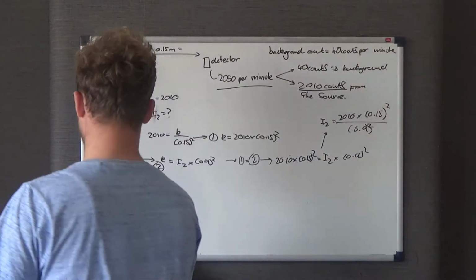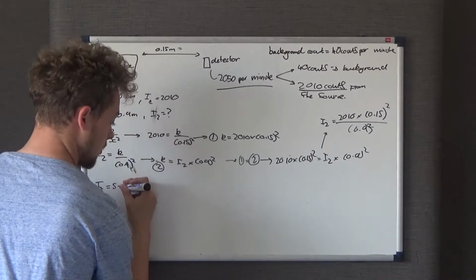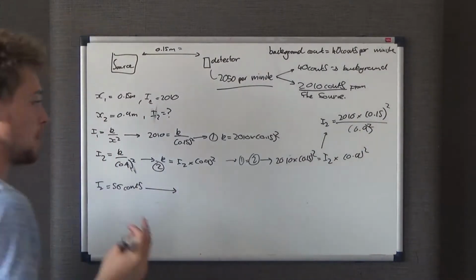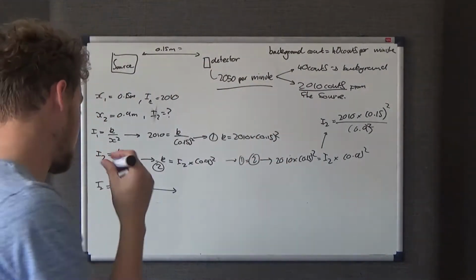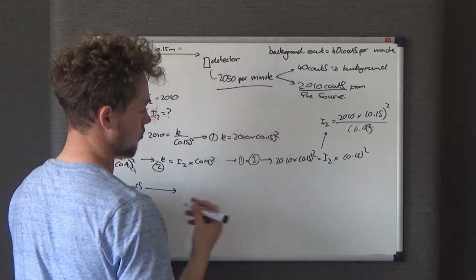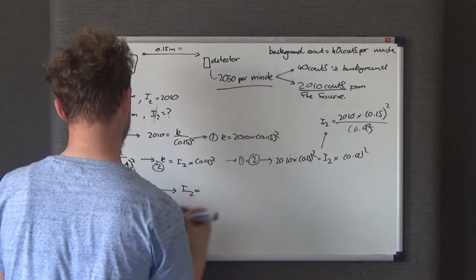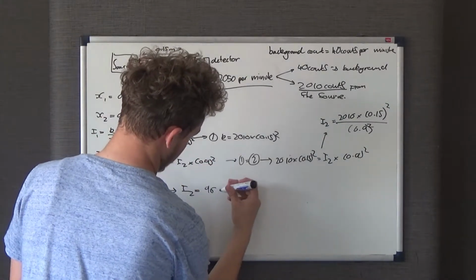However, that's not the end answer. Because we've taken away the background radiation to work out this new distance, we need to now add in the original amount. So it's 56 plus 40, so therefore it's going to be about 96 counts.